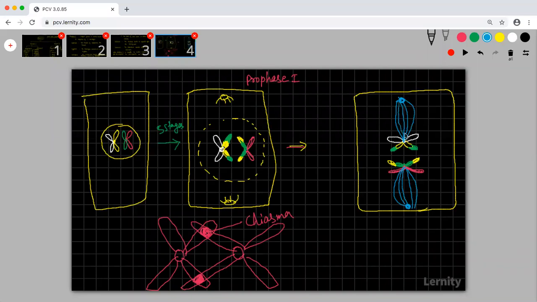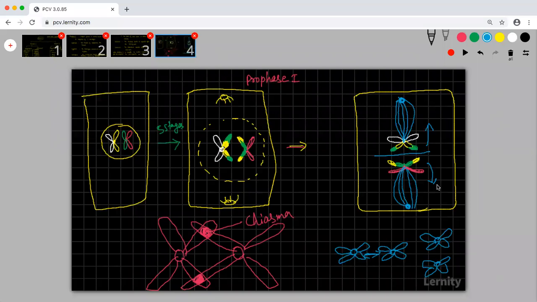The spindle fibers will form like this. So what you are able to see is, the arrangement is not like this. Let us say that this is one chromosome, and this is another chromosome. These two are homologous chromosomes. They are not arranged in this way, but rather like this, such that one of them will go towards one side and the other will go towards the other side.